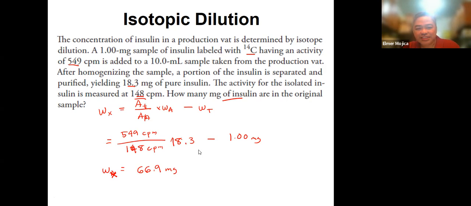You just input the mass, okay? It will set the reading, and it will generate the amount that you are looking for. And this is commonly used.